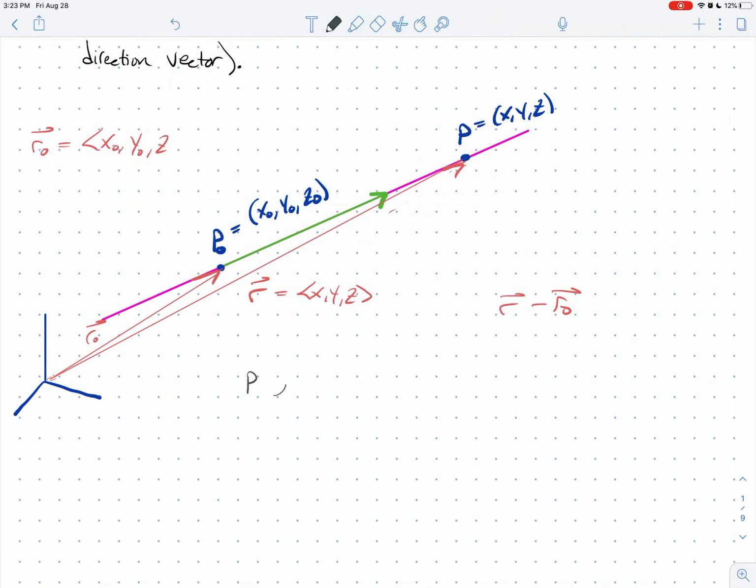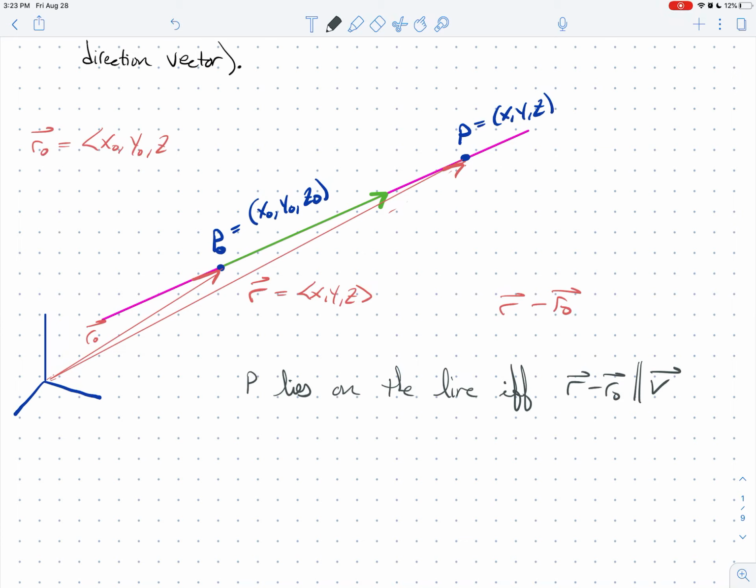P lies on the line if and only if the vector R minus R naught is parallel to the vector V. Here's my direction vector V. And so R minus R naught needs to be parallel to V.